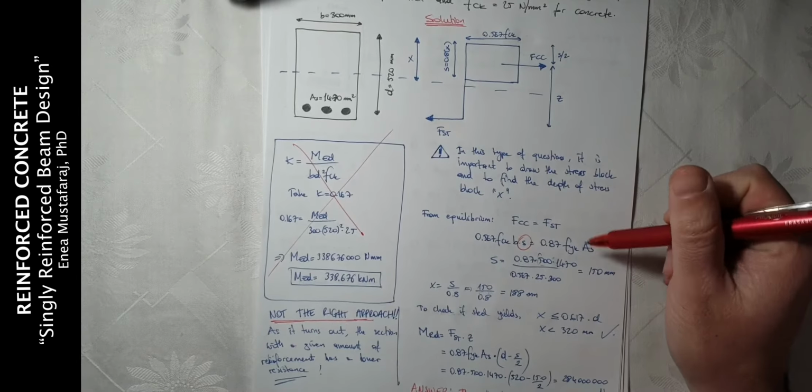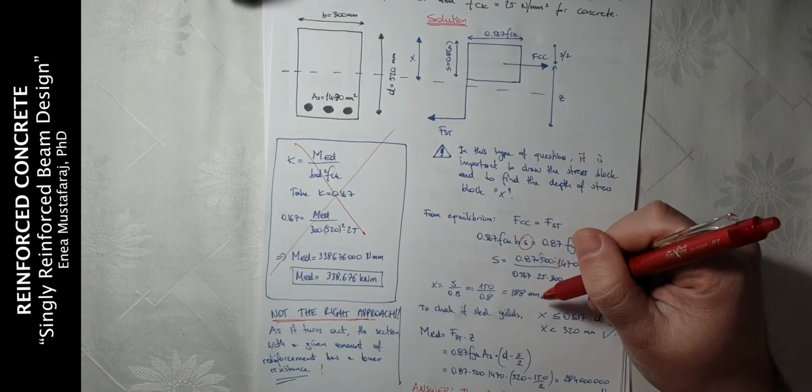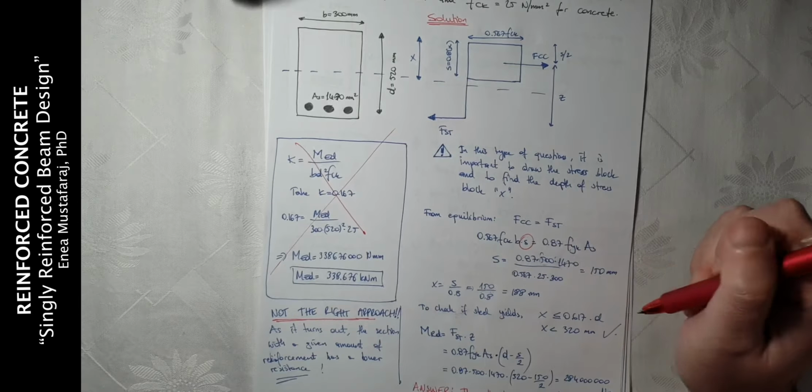The only unknown variable here is s. If we solve for it, we see that s will be 150 millimeters. Then we find x, the depth of the neutral axis. It is s divided by 0.8, so x will be 188 millimeters.